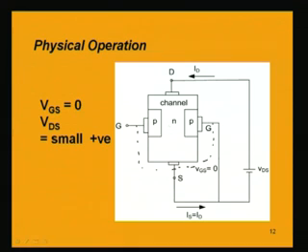Now, because of the abundance of electrons present in the n channel, they will be attracted by the positive terminal of this VDS. So, there will be a flow of current between drain and source. The conventional direction of the current is from top to bottom, from drain to source, as shown by this arrow mark. As electrons are moving from source to drain, the current direction is opposite to it, which is the conventional direction of current, that is the drain current, from drain to source.